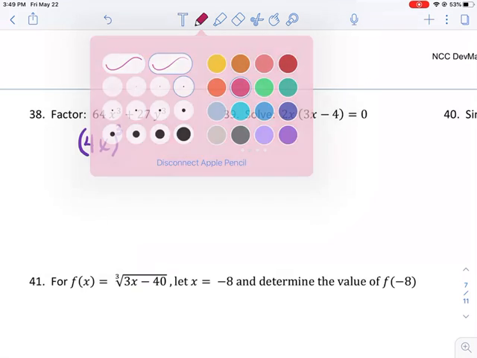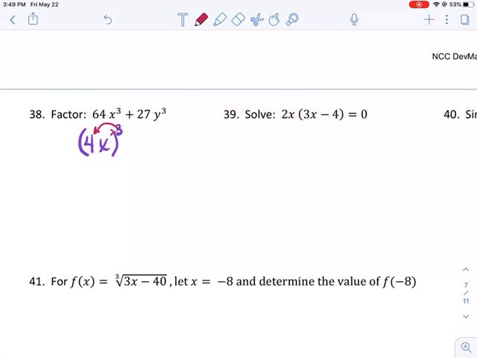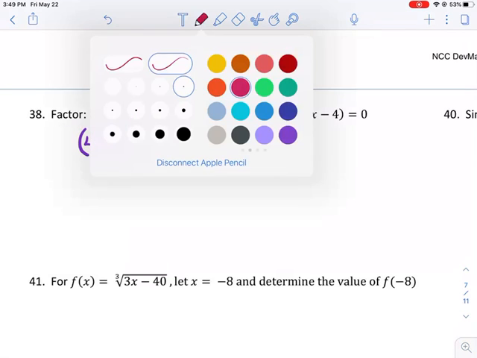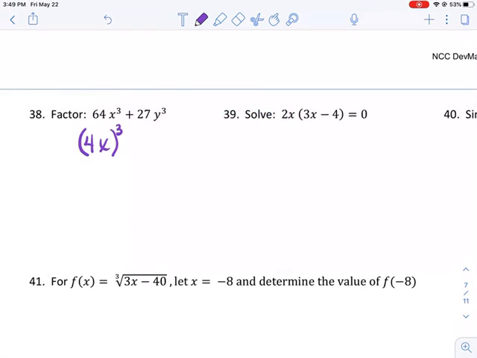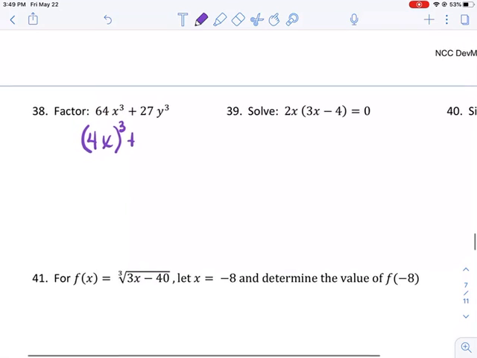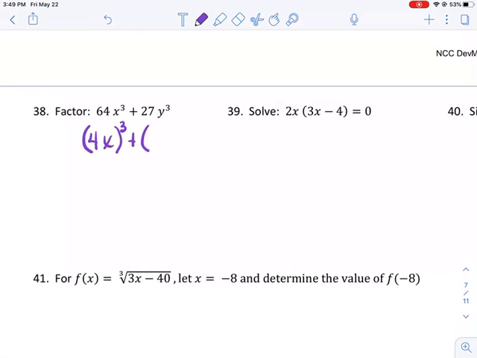Because remember when you have this, if you reverse this process, you would cube both of those factors to get 64x cubed. So we have the first term is going to be a perfect cube, and then we have plus the second term is also a perfect cube because 27 is 3 cubed, and y cubed, we just write the y in there and then cube it.